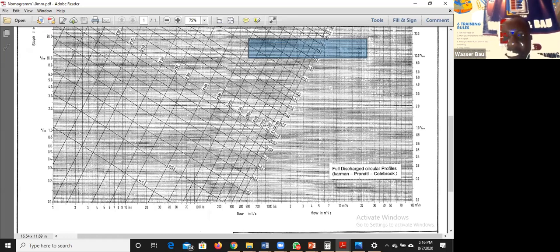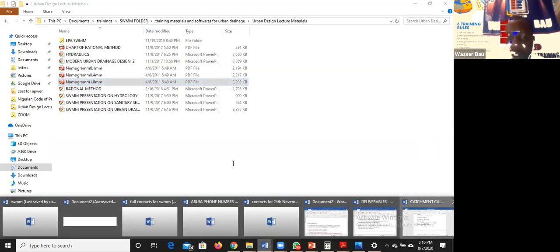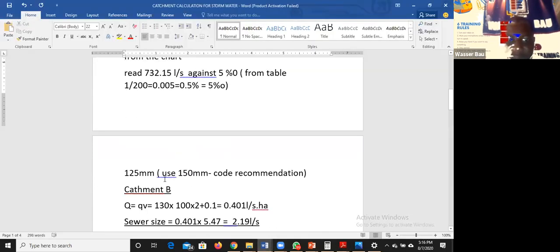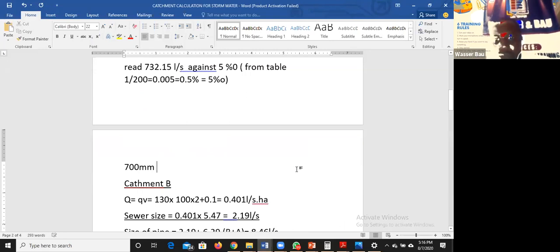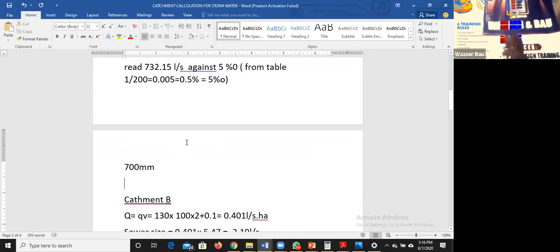Here is giving me a 700 mm diameter pipe. So here, the value is 700 mm. The chart did not ask you to use anything. So this is a 700 mm diameter pipe.